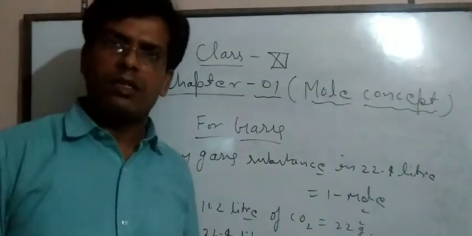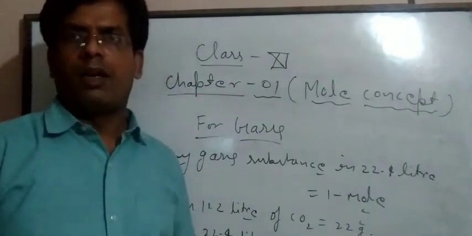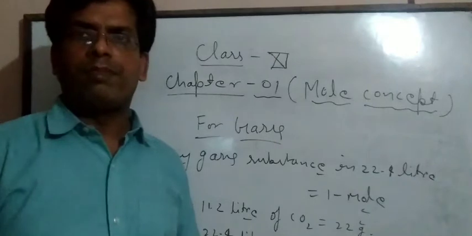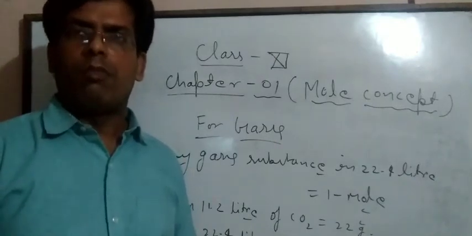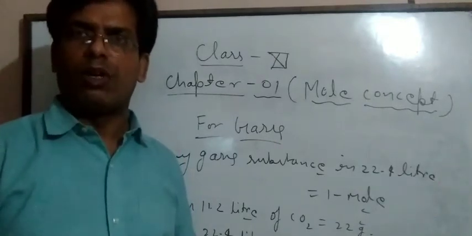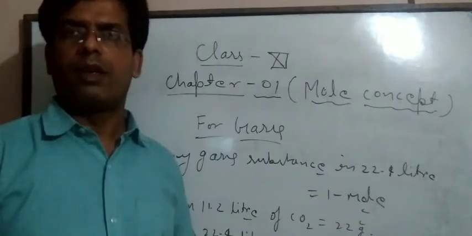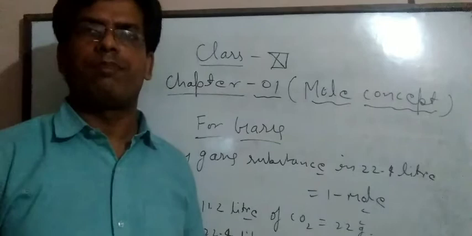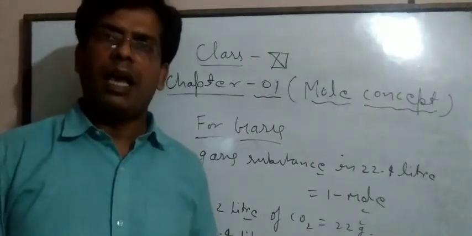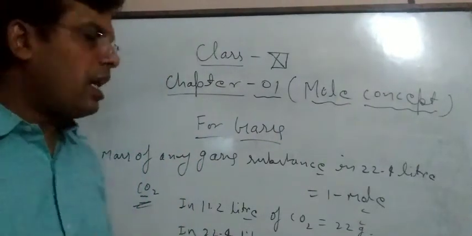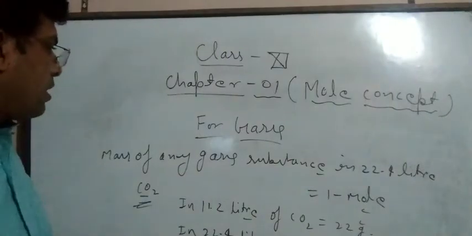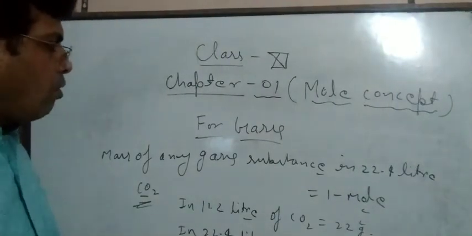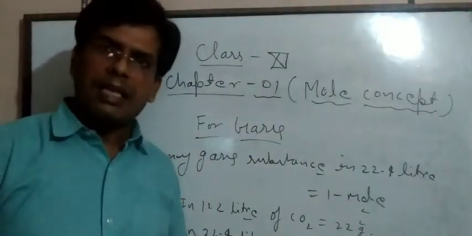So dear students, you should keep it in mind. With the help of volume at STP, that is 22.4 liters, we can calculate the mass present in 1 mole. This is the explanation or definition of mole with respect to the volume of a gaseous substance.